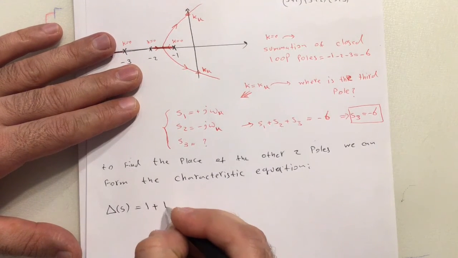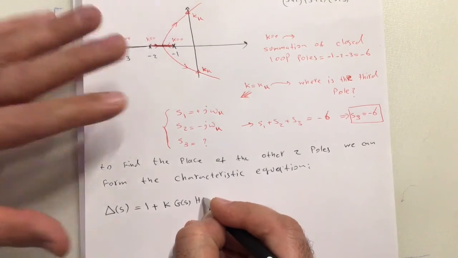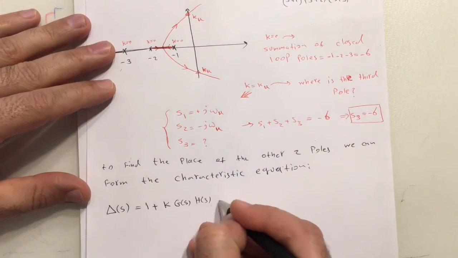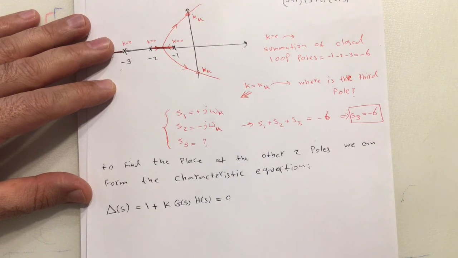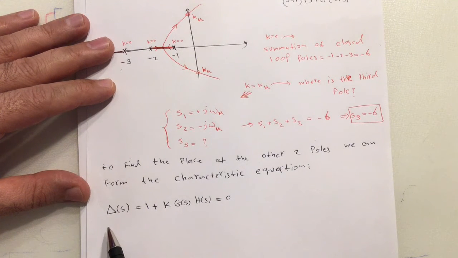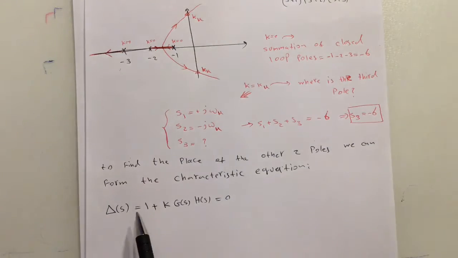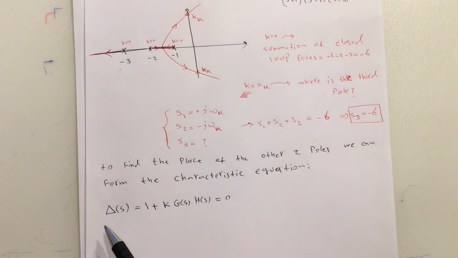So 1 plus kGH is equal to 0. Why does this give you the characteristic equation? Because this is the denominator of the closed loop transfer function. And the characteristic equation is an equation that gives you the closed loop poles. If you set it equal to 0, it will give you the closed loop poles.